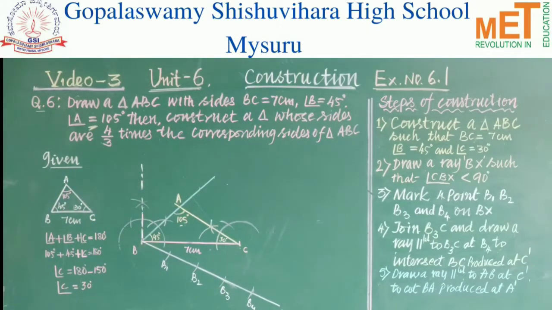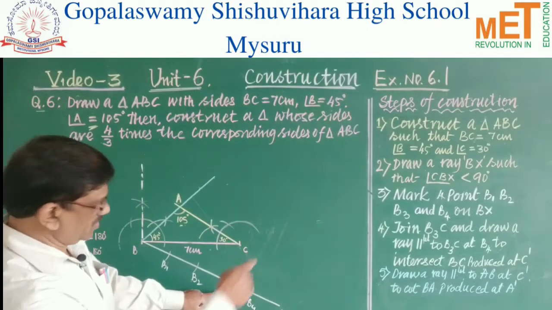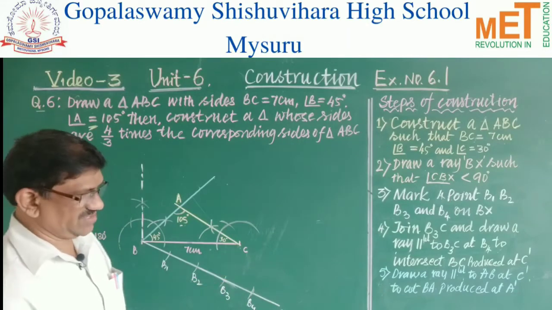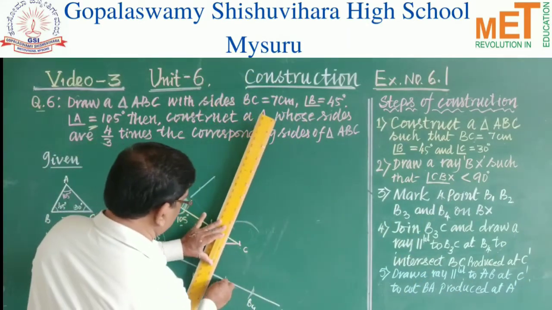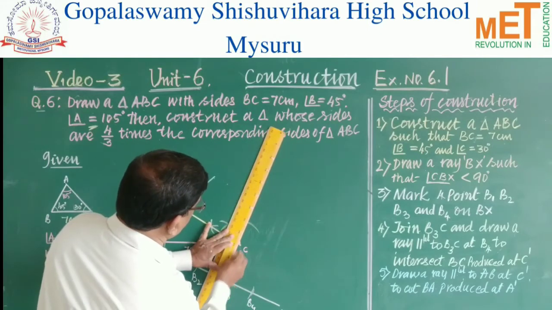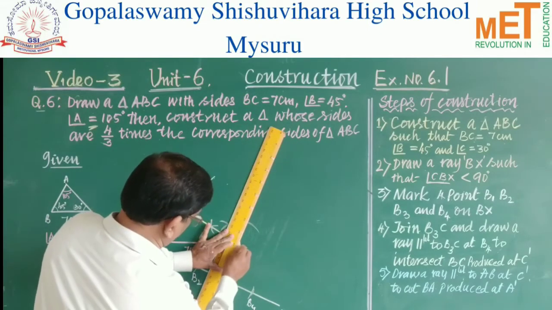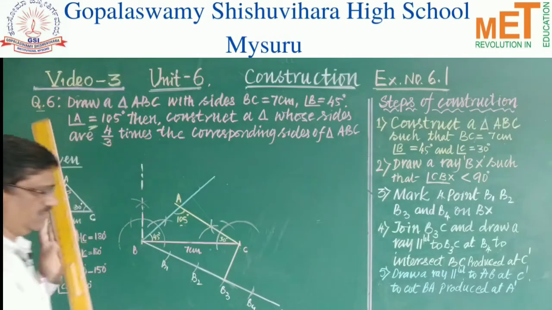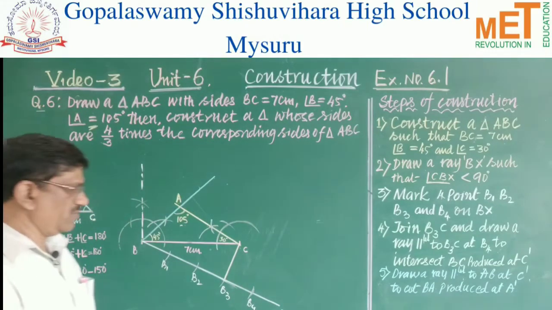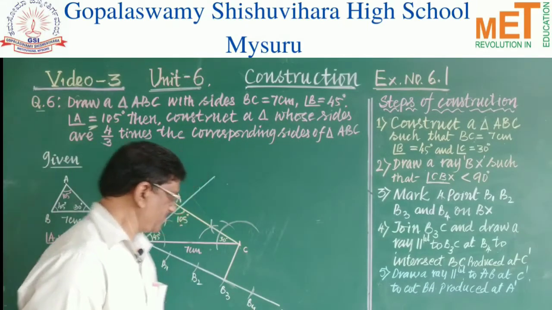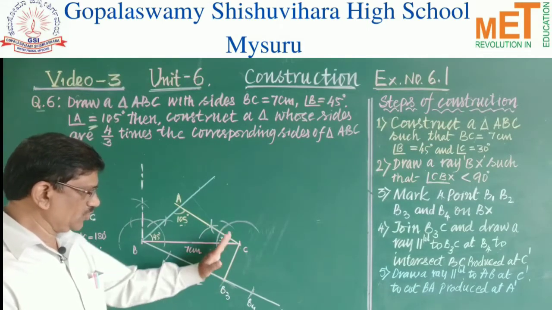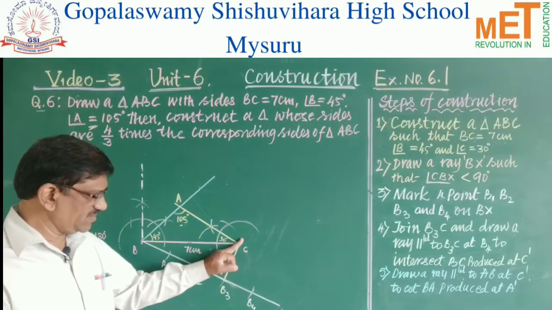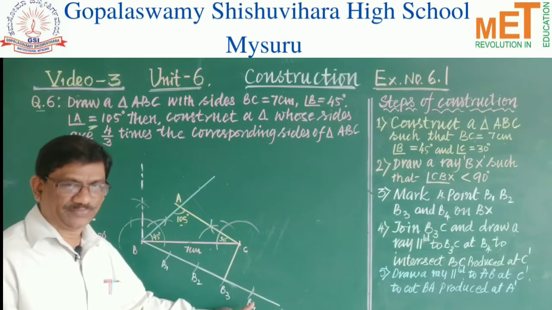We have to join B3 to C. B3 to C. Okay. What we have to do now? After that, we have to draw a parallel line to B3C at B4.